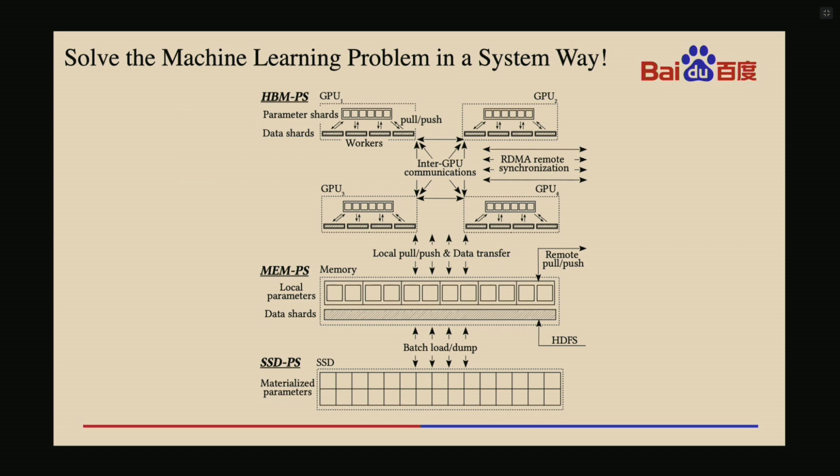And for those parameters that cannot be stored in GPU memory, we have a memory parameter server that is located in the main memory of each machine.